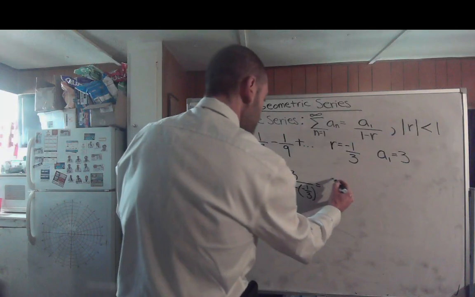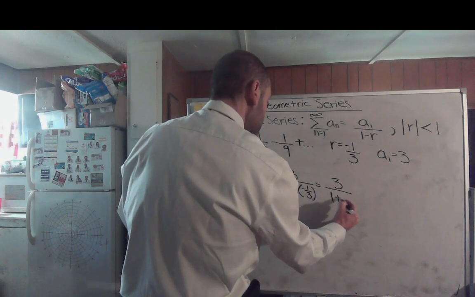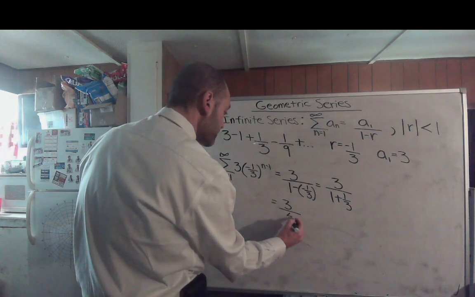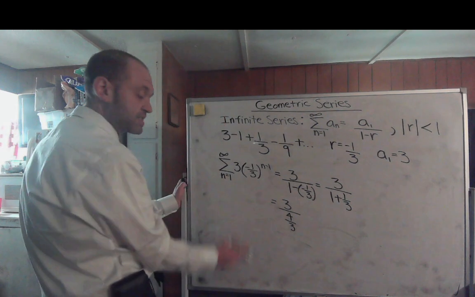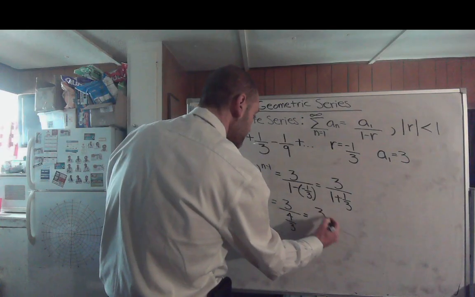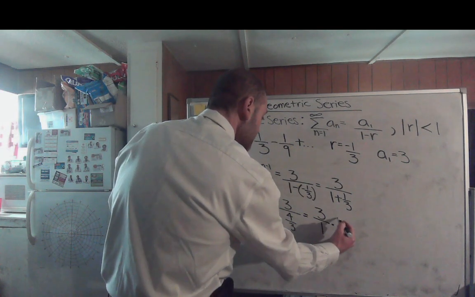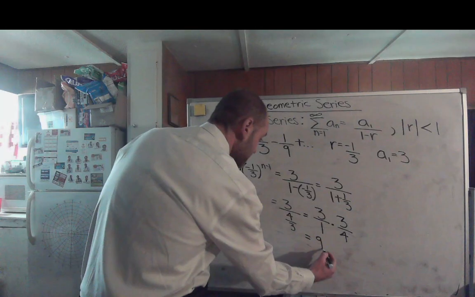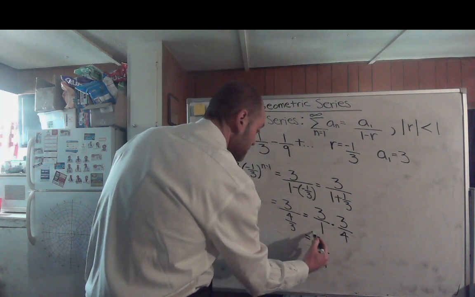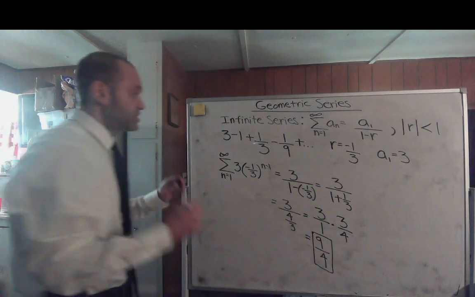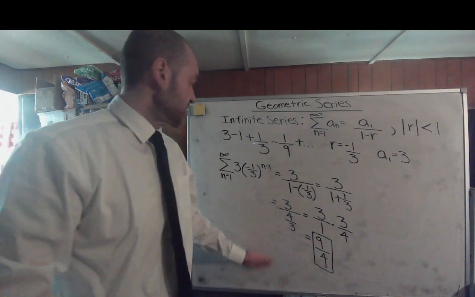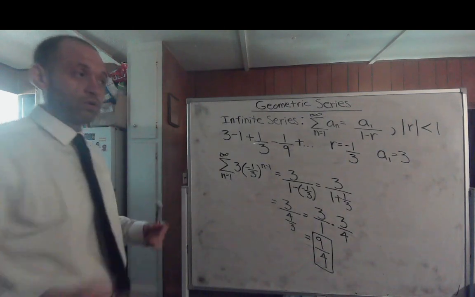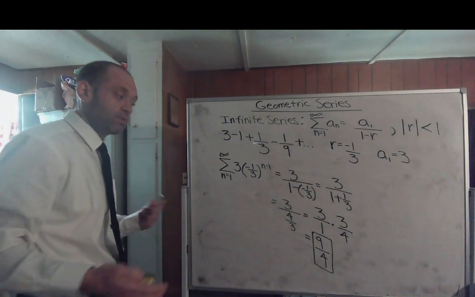So this is going to equal 3 over 1 plus 1/3, which would equal 3 over 4/3. Now we just have a complex fraction. We'll invert and multiply. You'll have 3 over 1 times 3 over 4, and you end up getting a sum of 9/4, which would give you 2 1/4, or 2.25. So the sum of this series converges to 9/4, which is 2 1/4 or 2.25, however you want to write it.